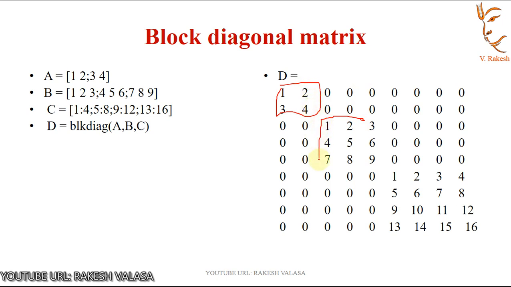This is the B matrix. This is the C matrix. It clubs different matrices and forms a single matrix.